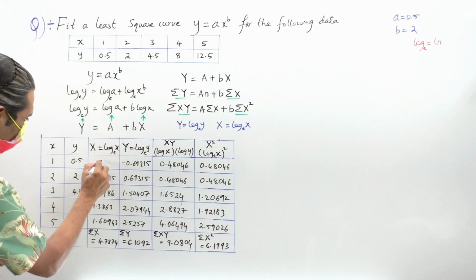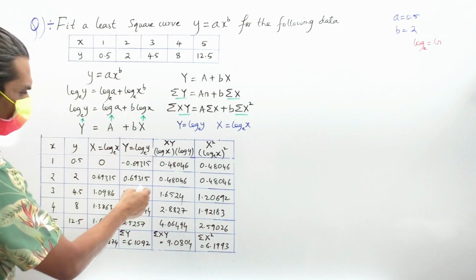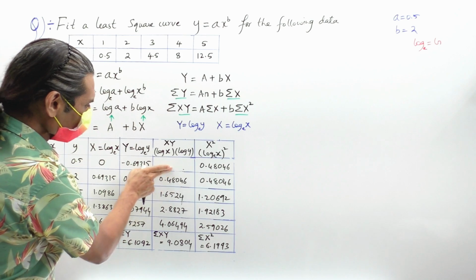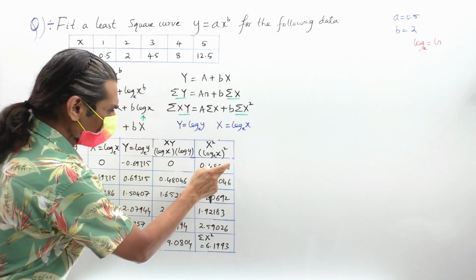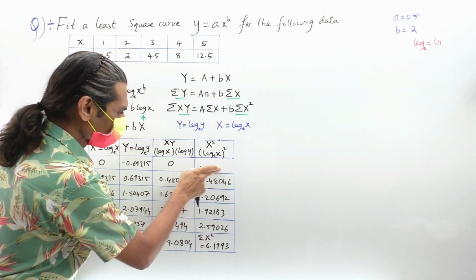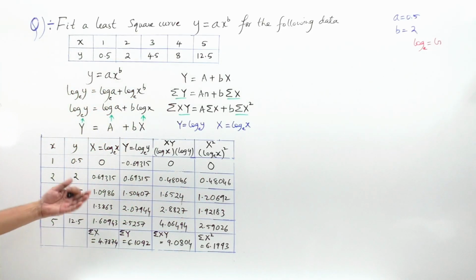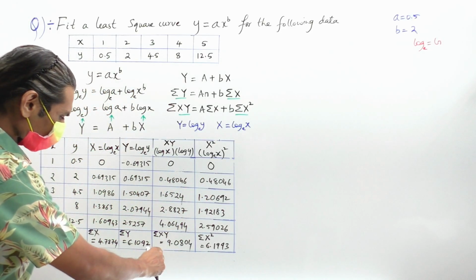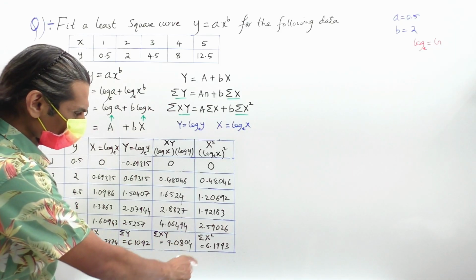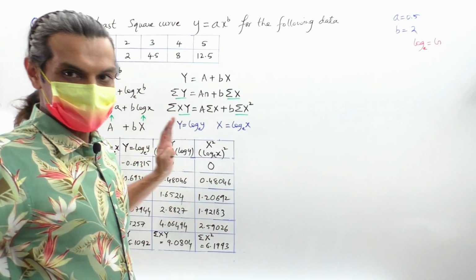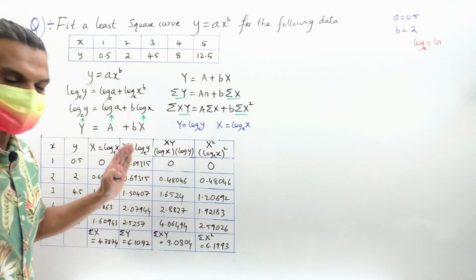So ln of x is going to be 0. Y is the same, no issue. So this also will become 0, and this also will be 0. That is it, and the rest of the values are the same, already tabulated. The summation of capital Y, summation of capital X Y, and summation of X square all remain the same. Only this will change. I am extremely sorry for that.